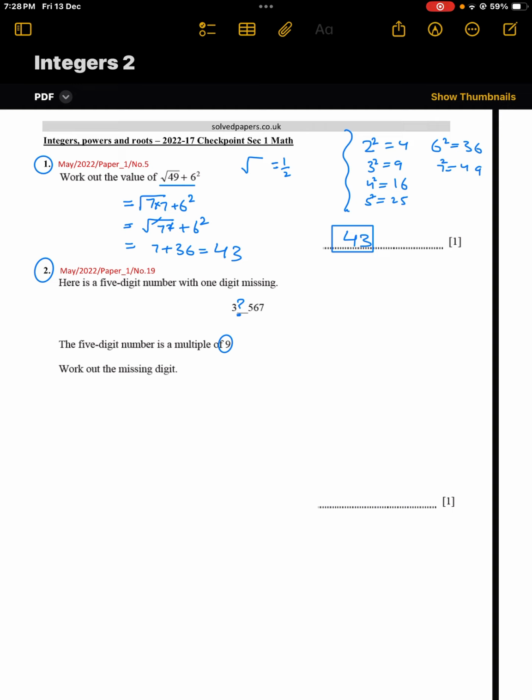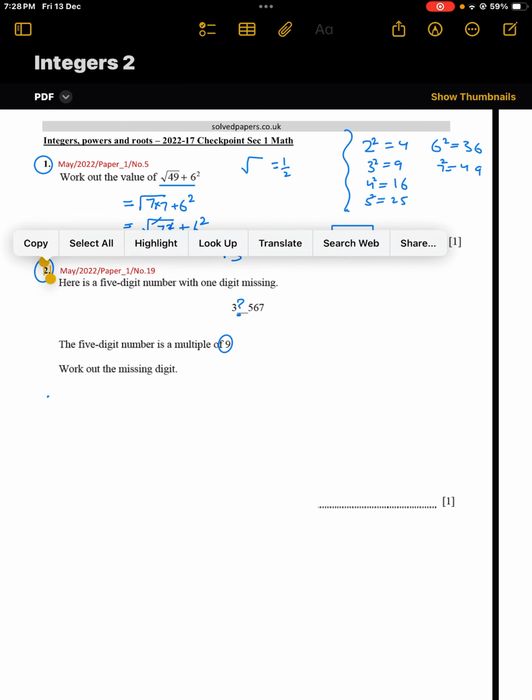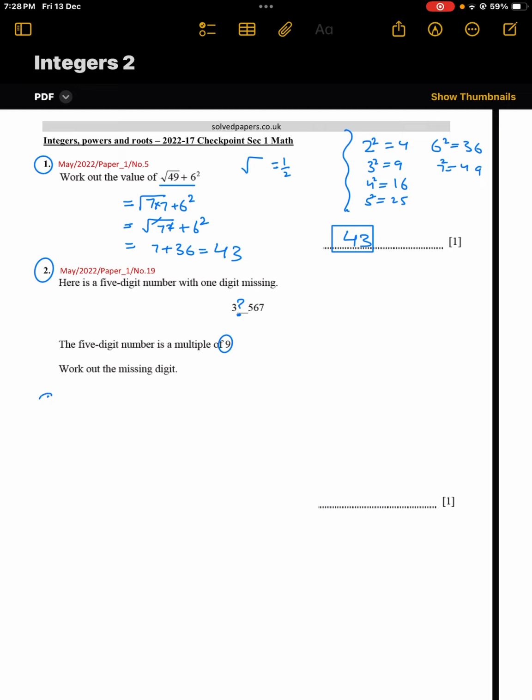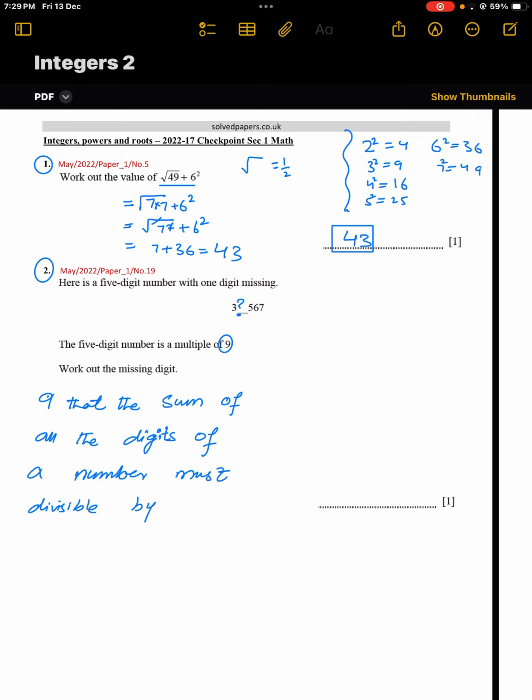The divisibility rule for 9 is that the sum of all the digits of a number must be divisible by 9.